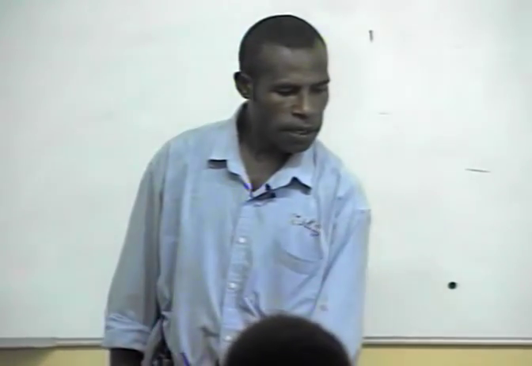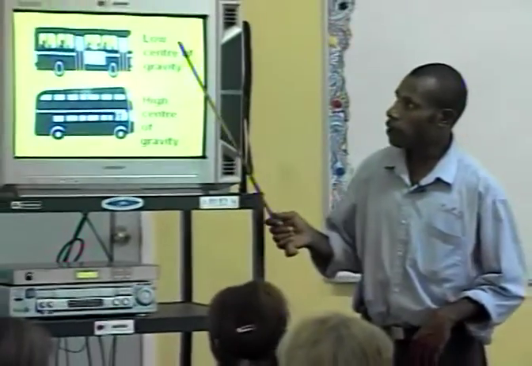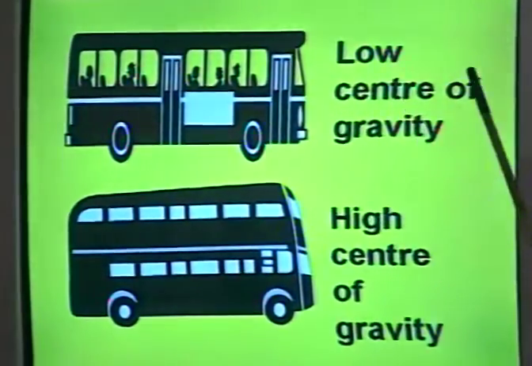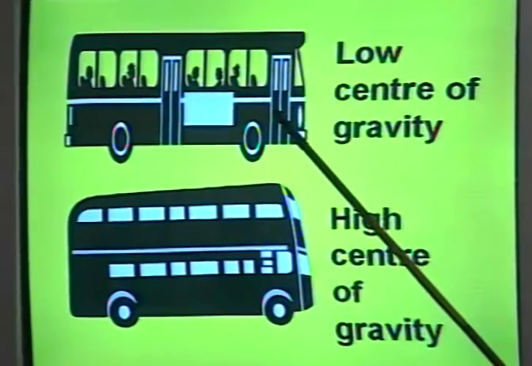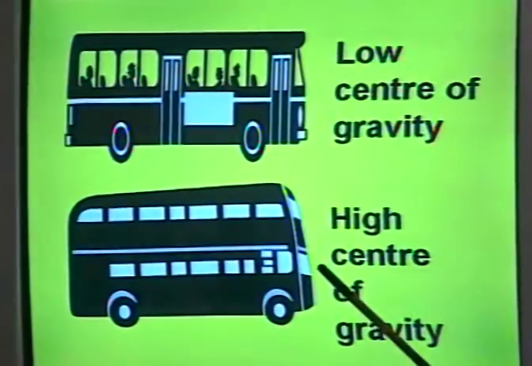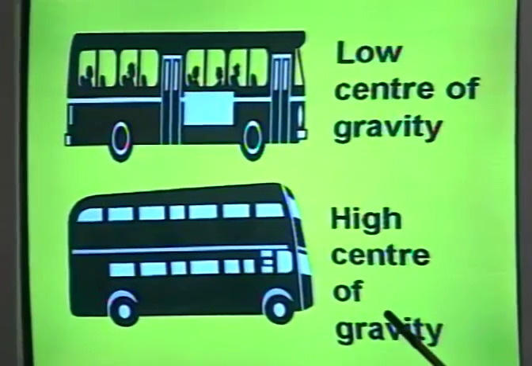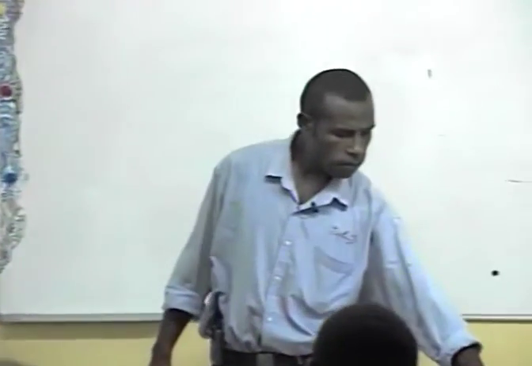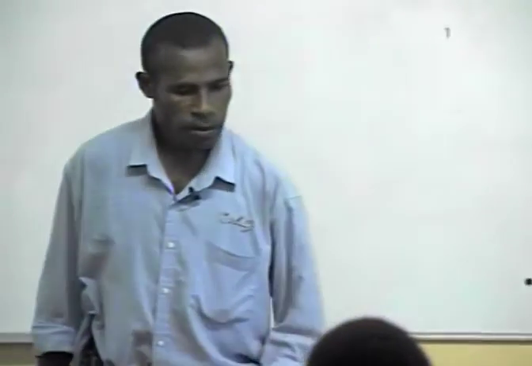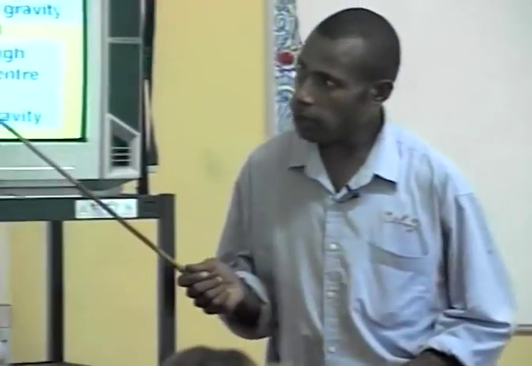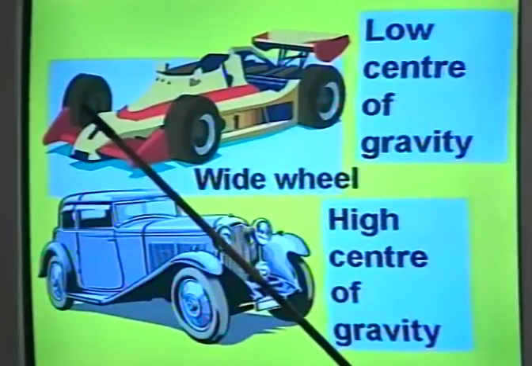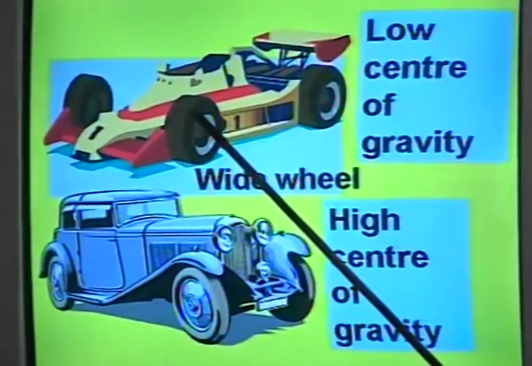Right, looking at example number 2, you find this especially in trucks and buses. I think a bus will have a low center of gravity because it is quite low. It can balance itself. For this one, it has a very high center of gravity. Comparing modern racing cars with the old type, you find that this one is quite low, and the wheels are quite flat, and the diameter is quite large.